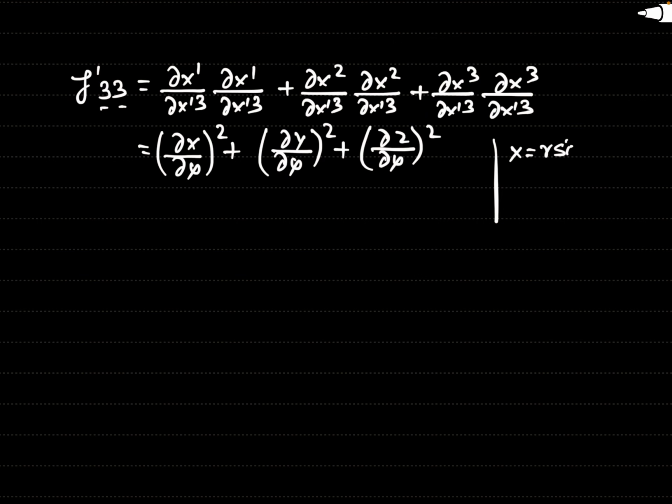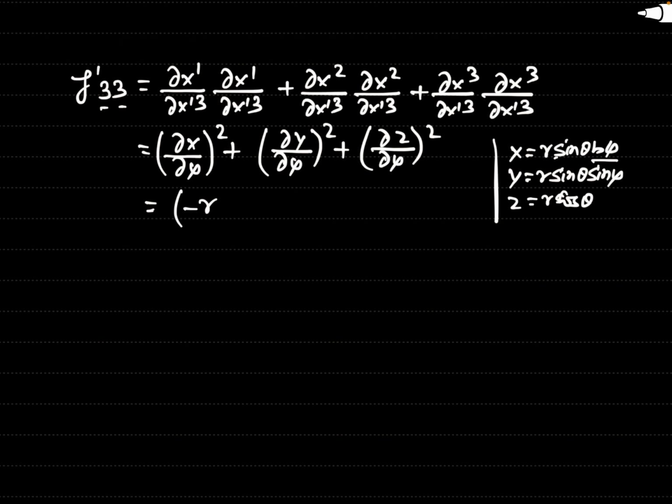x equal to r sin theta cos phi, y equal to r sin theta sin phi, and z equal to r cos theta. And from here you can easily find these partial derivatives. See here, del x by del phi, and since the derivative is partial with respect to phi, this will be r sin theta times minus sin phi.